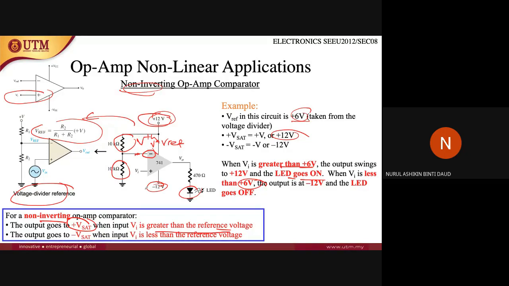Alright, so it depends. How you decide whether the LED goes on or off depends on the input signal value. To know the input signal value, you need to compare it with the reference voltage. Once you compare with the reference voltage, identify what configuration it is.